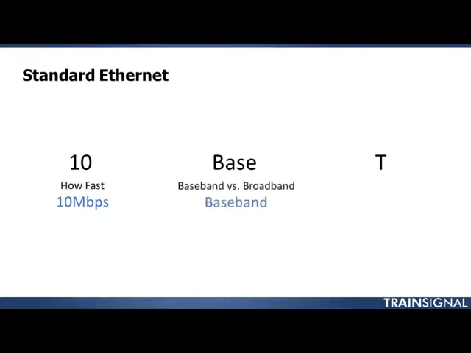Now the word base, I'm going to give you a real basic definition of where this came from, although they're all base or baseband networks. Baseband and broadband were two different types of transmissions.